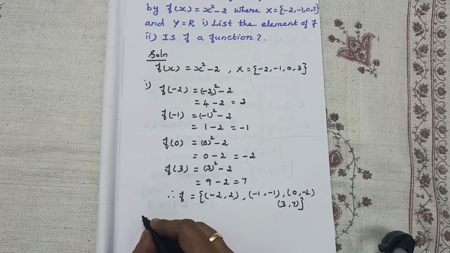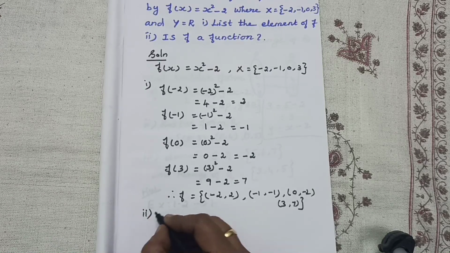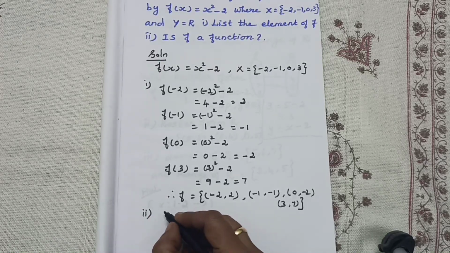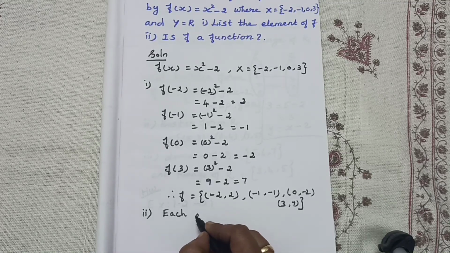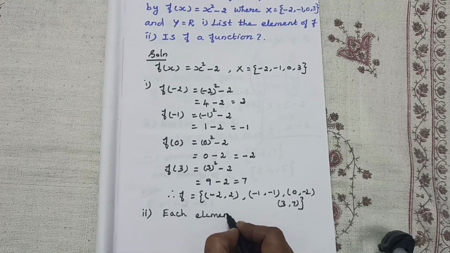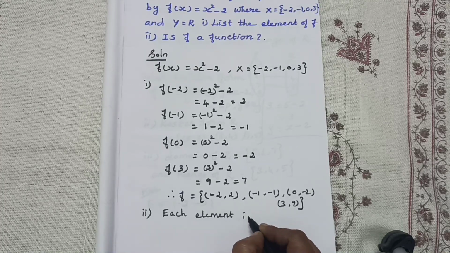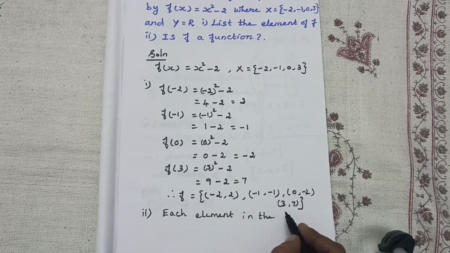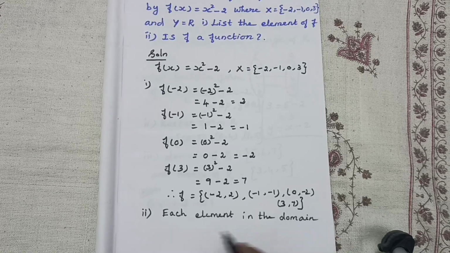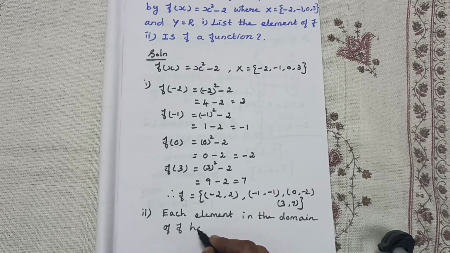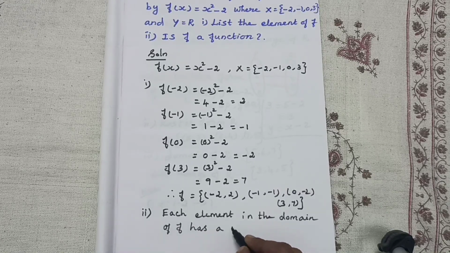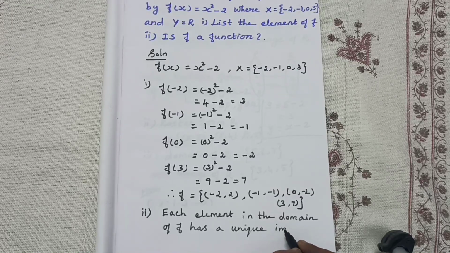Okay, right? Then the second one, each element in the domain of f has a unique image.